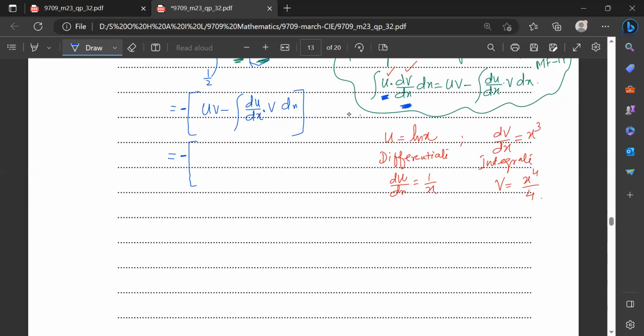U is natural log of x here, v is x power 4 upon 4, minus integration sign du by dx, which is 1 upon x, and v, which is again x power 4 upon 4, dx.